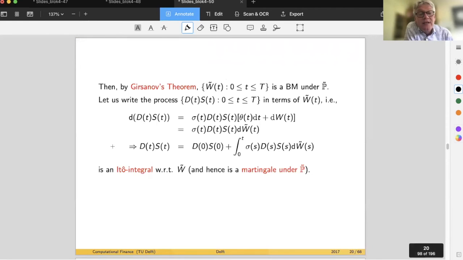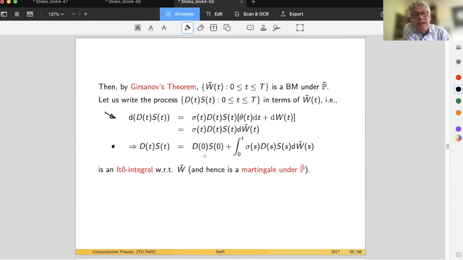And writing this in integral notation, this is the differential notation again, it gives us that the discounted stock price process D_t S_t is the discounted stock price process at time 0, D_0 S_0, plus the integral from 0 to t of sigma_s D_s S_s dW tilde_s.